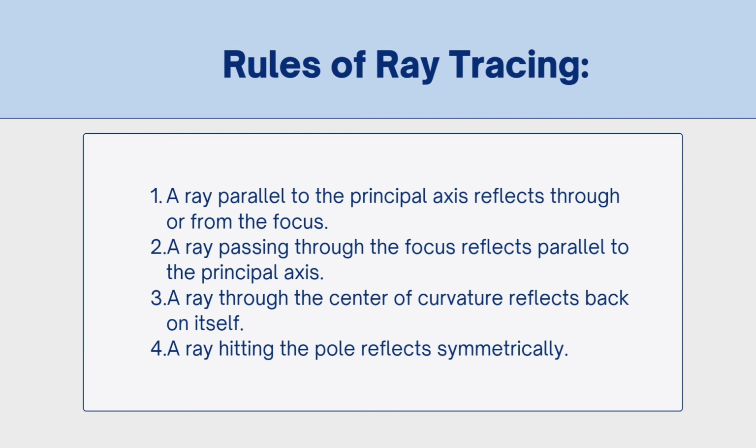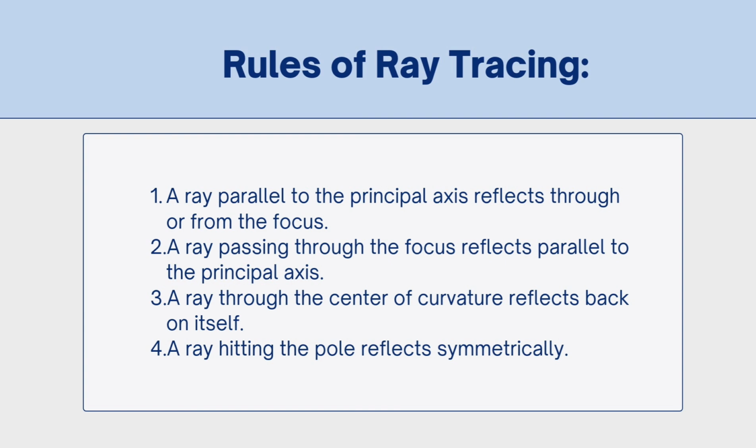Let's talk about the rules of ray tracing, which help us determine how light behaves when it reflects on spherical mirrors. So first, a ray parallel to the principal axis reflects through or from the focus. Second, a ray passing through the focus reflects parallel to the principal axis. And third, a ray through the center of curvature reflects back on itself.